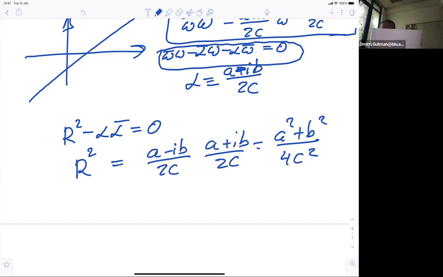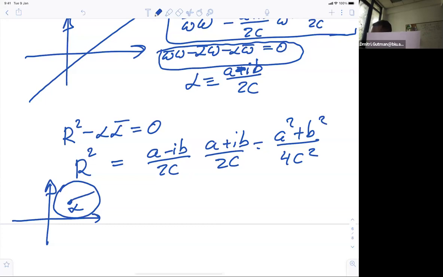So if you remember, when we started with our equation on the XY plane and we drew a circle centered around point alpha with the radius r, the equation reads z z bar minus z alpha bar minus z bar alpha is equal to r square minus alpha alpha bar.